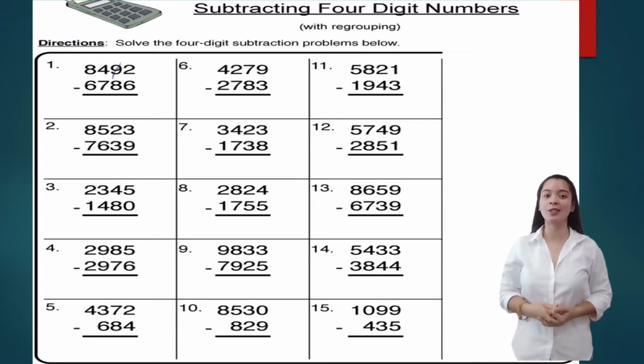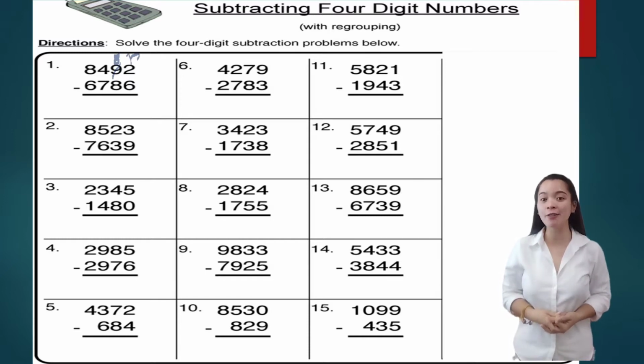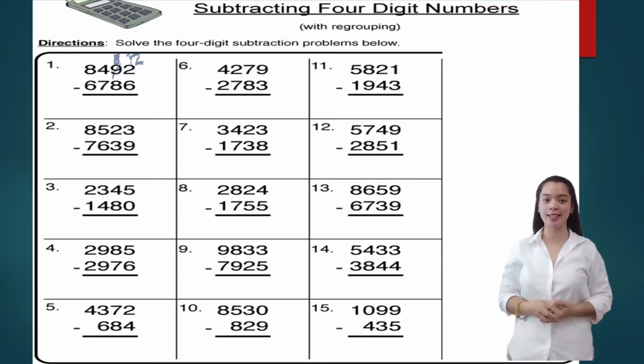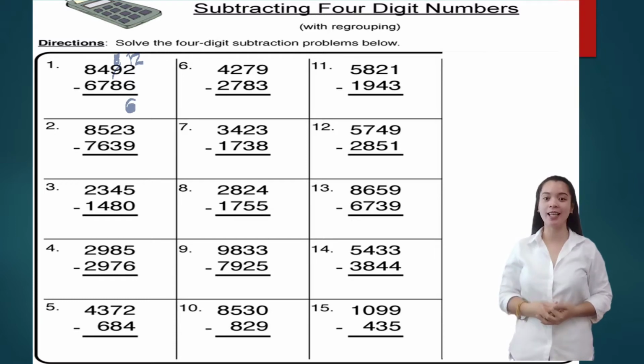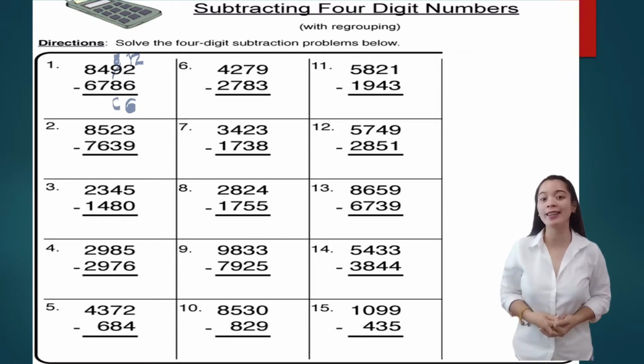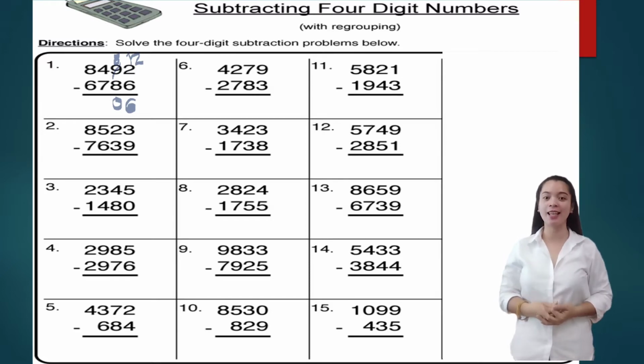So 9 becomes 8. And 2 becomes 12. So can we subtract now 6 from 12? Yes, of course. So 12 minus 6 equals 6. And 8 minus 8 equals 0. 4 minus 7 cannot be, so let's borrow from 8.